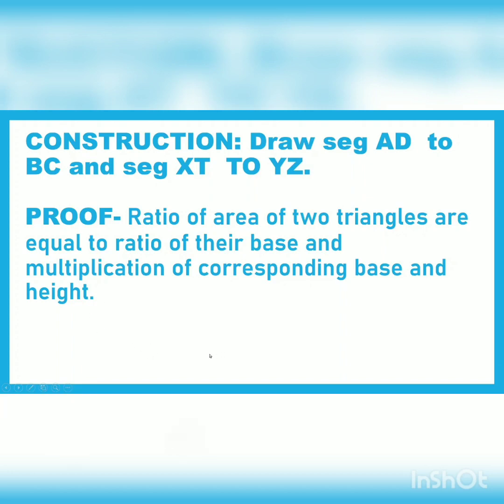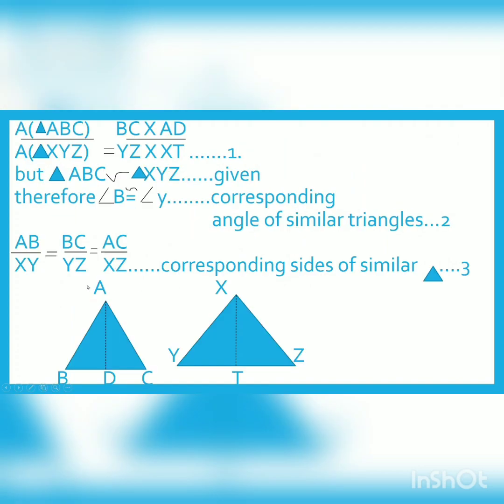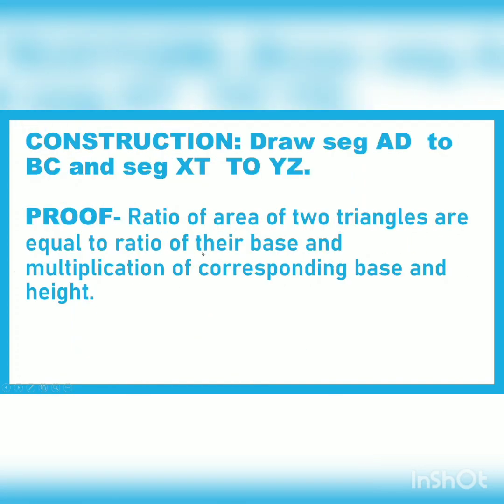Right? You already know the ratio of the areas of two triangles is equal to the ratio of the product of their corresponding base and height. You proved this in our first session, on the properties of two triangles.